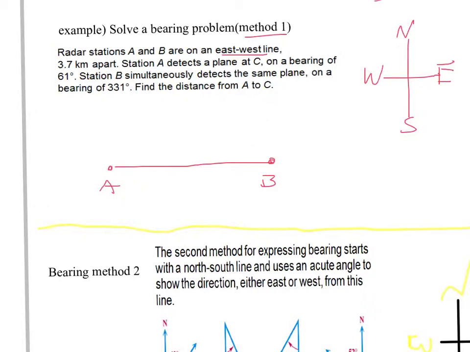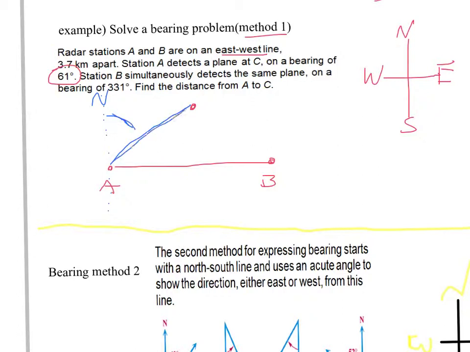Okay? Station A detects a plane at C, on a bearing of 61 degrees. Now notice, if it helps you, just draw in right there. As soon as they speak of that 61 degrees, that's from the north. So I've got to rotate about 61 degrees from the north.